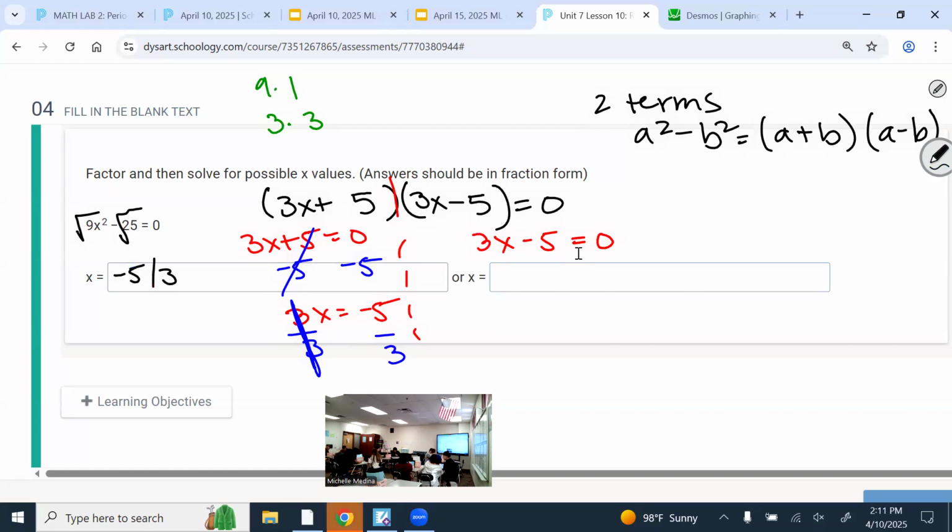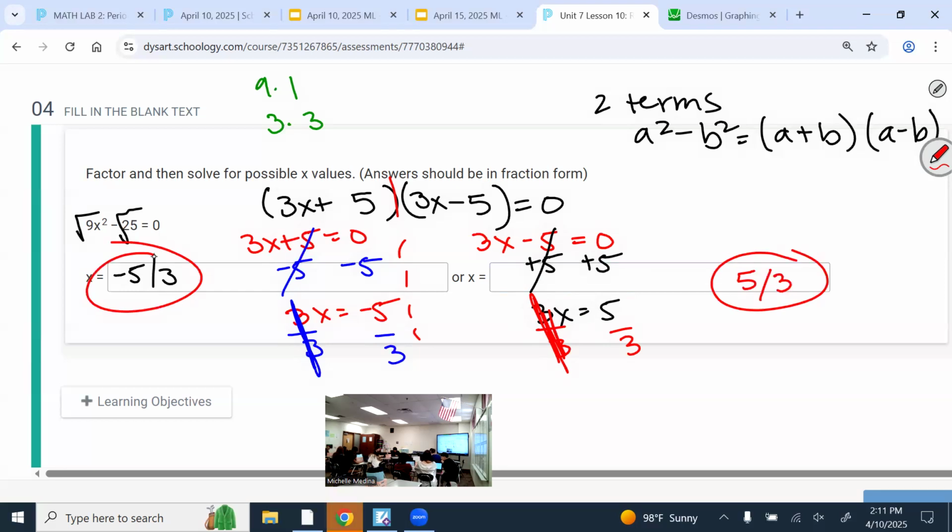The other one, add 5 to each side, because that's the opposite of subtracting 5. Opposite of multiplying by 3 is dividing by 3. And my other one is, and it's hard to fit in right here, don't put any extra spaces in your answer. It's 5/3 and -5/3 for the 0.